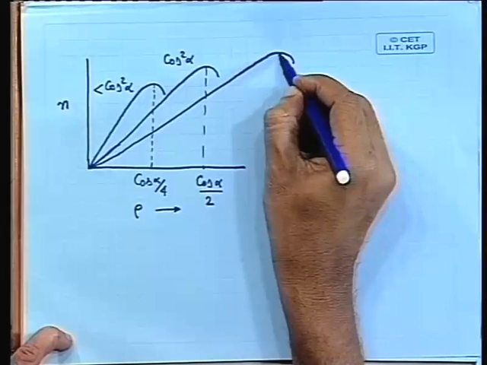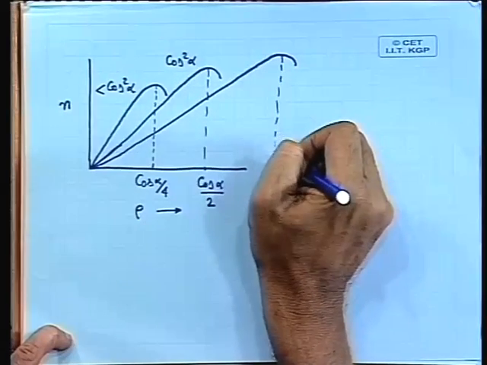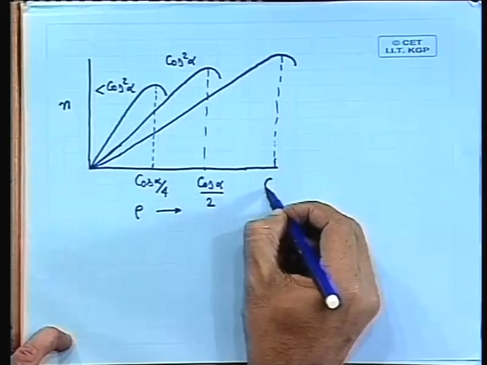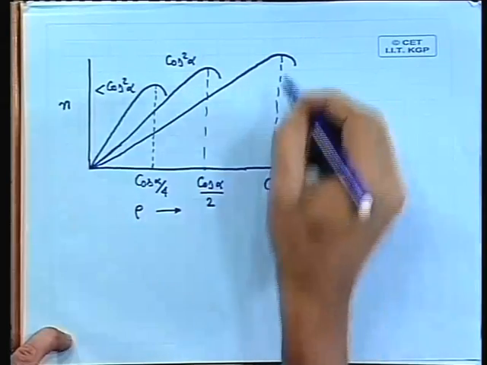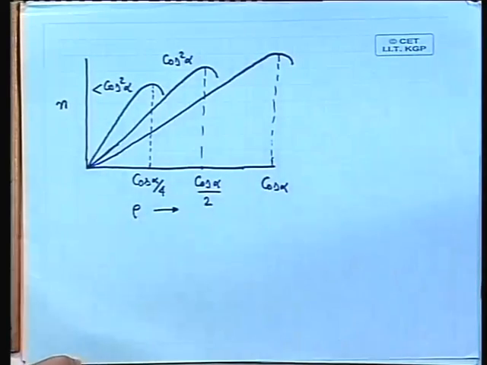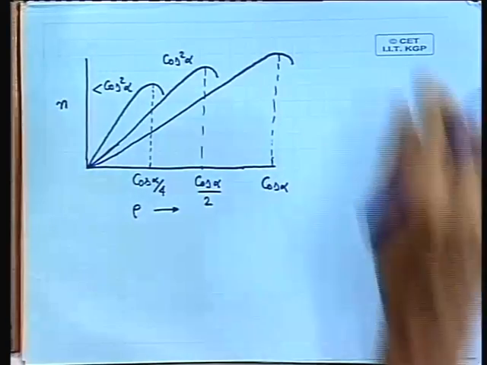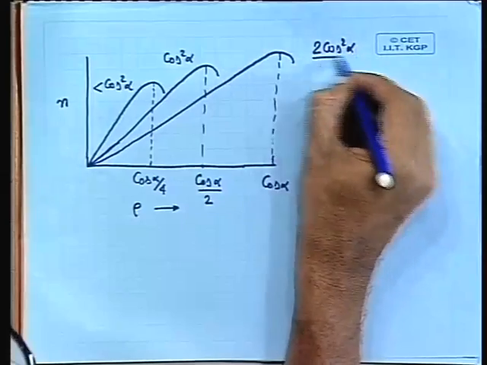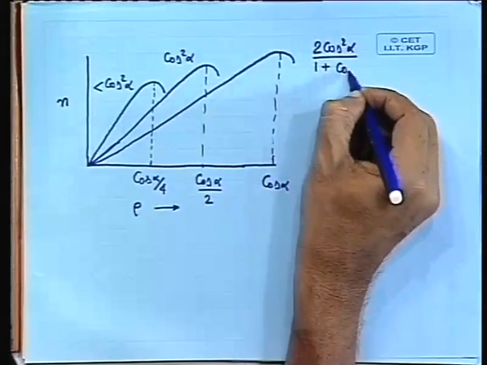So, for the reaction stage, what did we derive? Rho was cos of alpha and the efficiency was 2 cos square alpha by 1 plus cos square alpha.